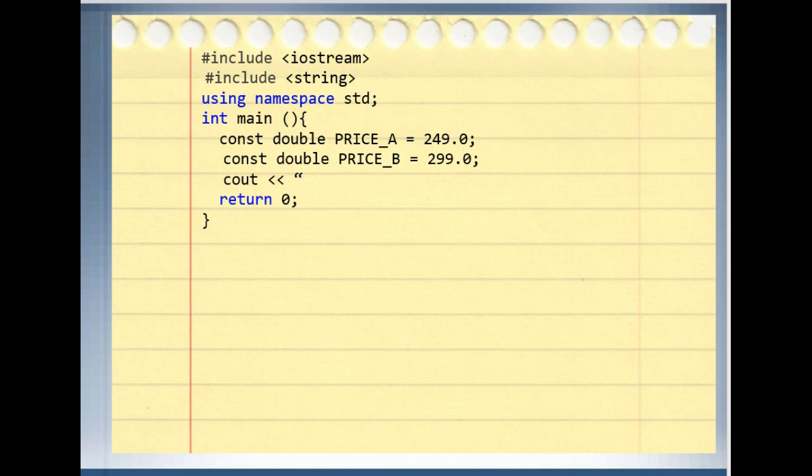Let's prompt the user for the part number of the stereo they wish to purchase. Not just the part, I guess you can't just get a part of a stereo. So enter the part number of the stereo you wish to purchase.